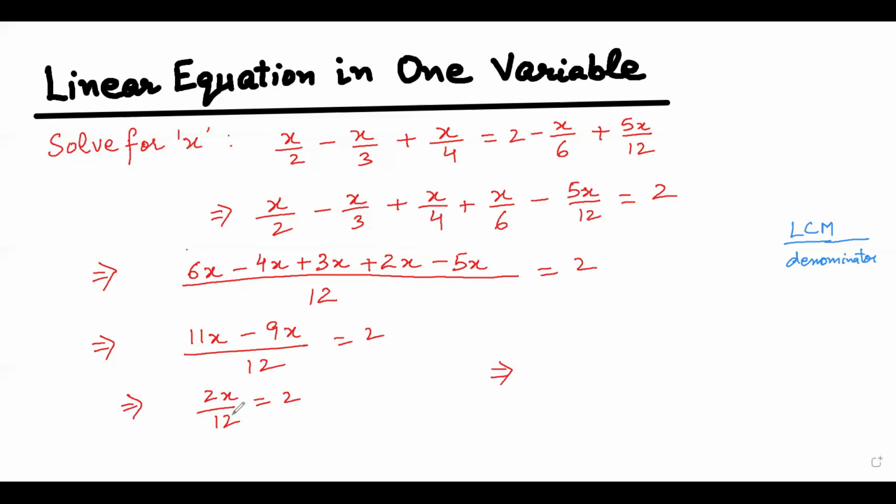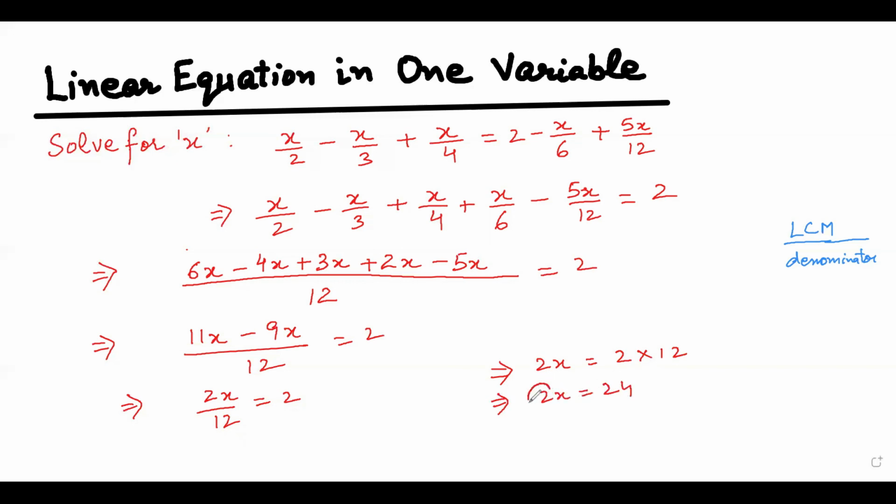Now 12 is in the division. If something is in the division, it goes to the other side and gets multiplied. So 2x is equal to 2 into 12, so 2x is equal to 24.